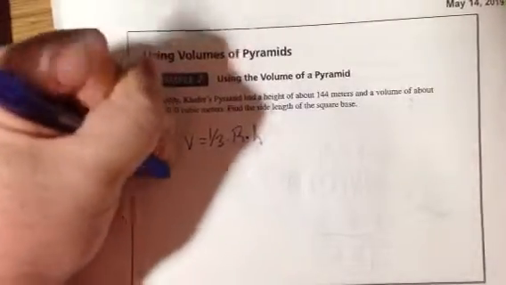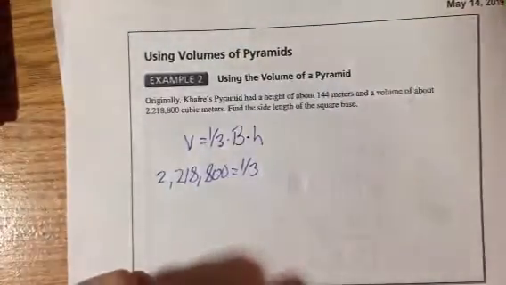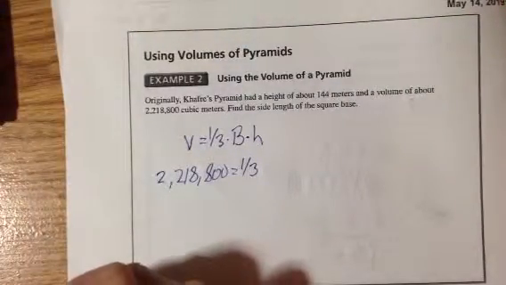So 2,218,800 equals 1 over 3 times the area of the base, which is a square, I believe. Yes, it is a square. And the height is 144.